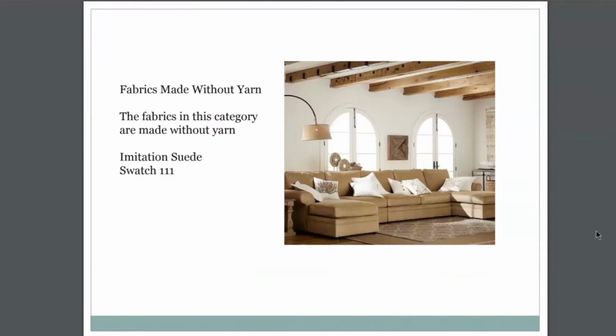So here you're looking at a beautiful, high-performance sofa made in imitation suede. Just check out swatch 111. And first of all, it doesn't move as much as the knits, making it a better choice for upholstery.